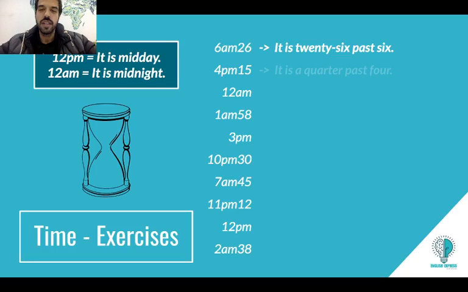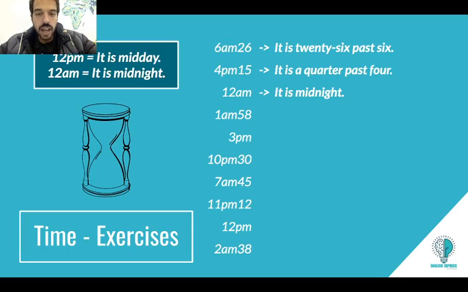So it is a quarter past 4. Amazing. Our next example is one of the special cases that are here in our slide. So you can check there that it is midnight.